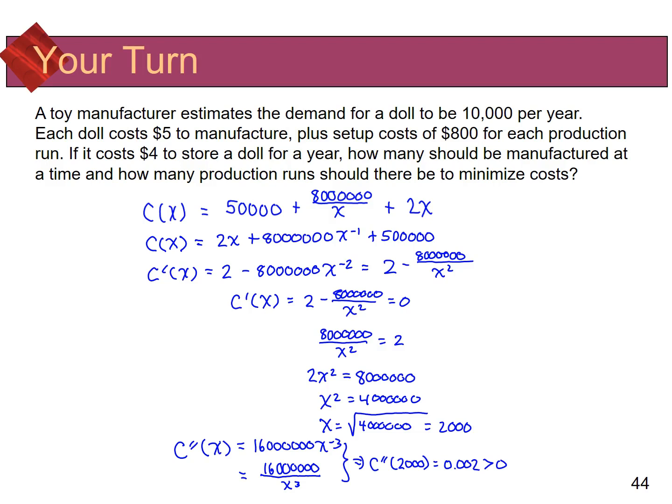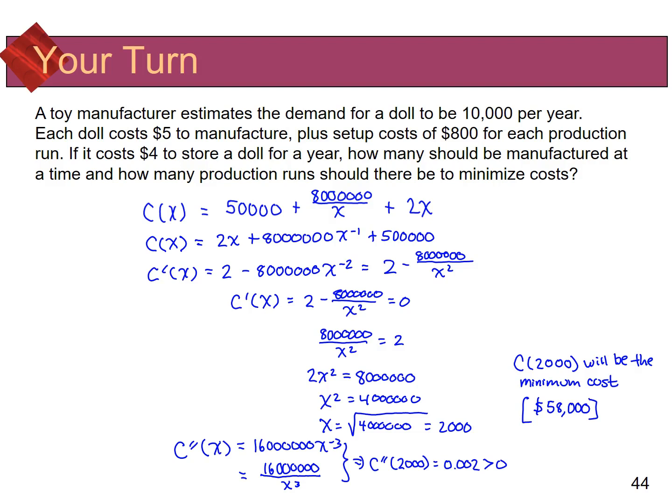So I know I'm reaching a minimum cost when my lot size, or the number being produced in a run, is 2000. And the minimum cost will be $58,000 for that.